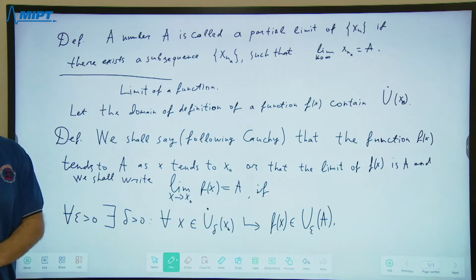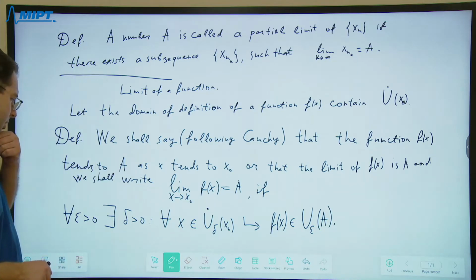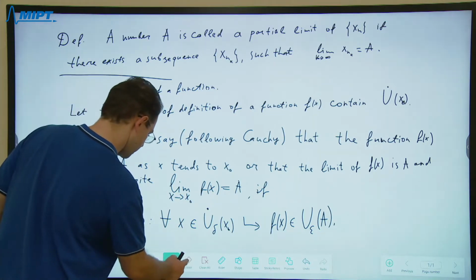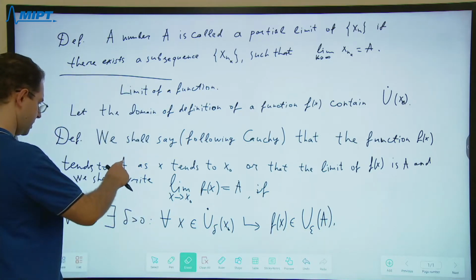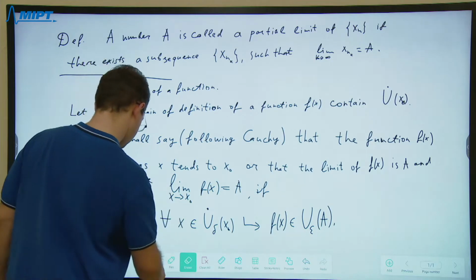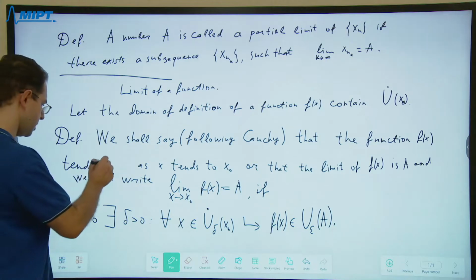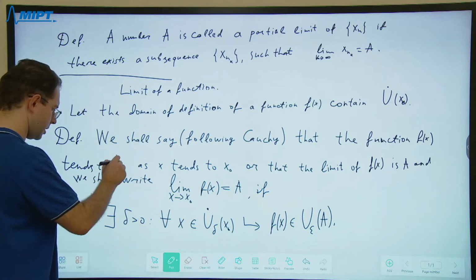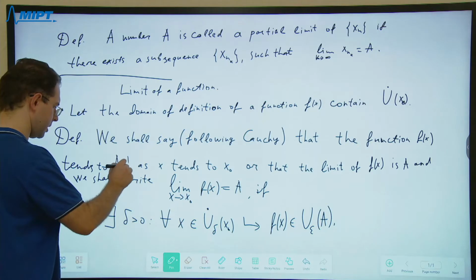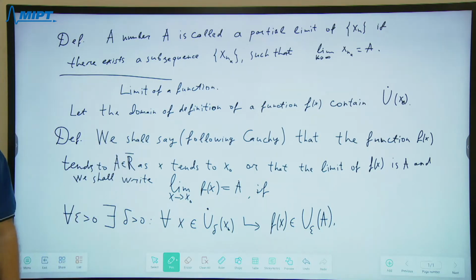I remind you, here I maybe should have written it more explicitly, so let me fix it a bit. I said it tends to a. I want to be explicit and say that a is a real number or infinity.